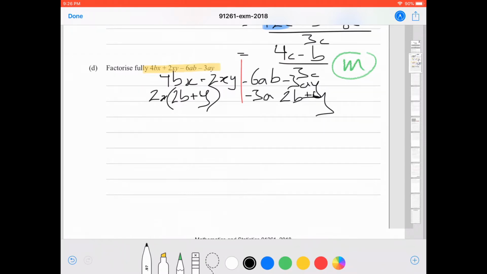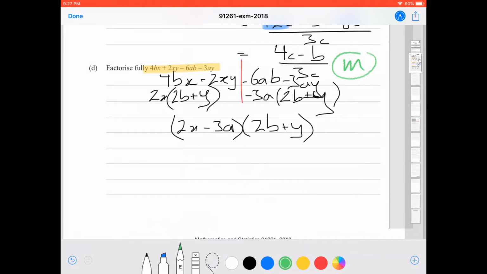And this is the same for factorizing quadratics, and it's something I say every time. If your 2 sets of brackets are the same, in this case 2b plus y, then you know you're on the right track. So we can say 2x minus 3a becomes a factor, and our second factor is 2b plus y. And with that, we have factorized completely. So the correct factorization here, 2x minus 3a times 2b plus y, gets you an achieved grade.